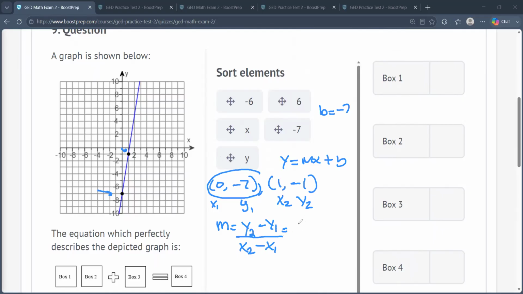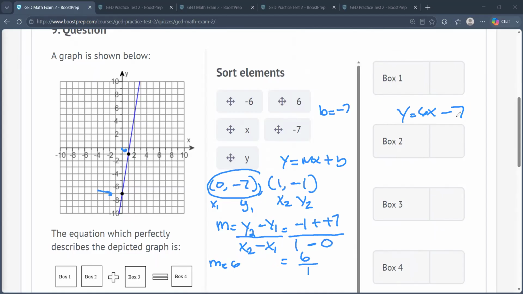So y2 is -1 minus y1, so it's minus a -7, over x2, which is 1, minus x1, which is 0. So over here, two negatives becomes a positive. So -1 plus 7 is 6, and 1 minus 0 is 1. So my slope is 6. So my equation is going to be y equals 6x minus 7.